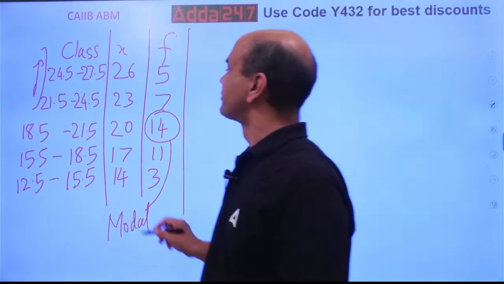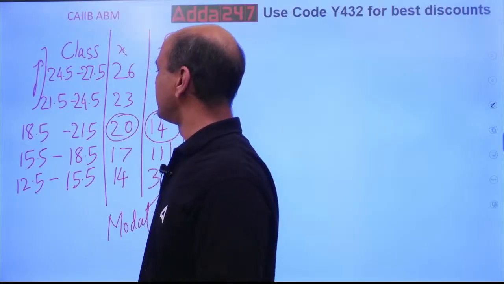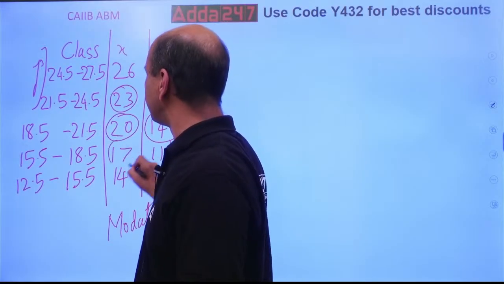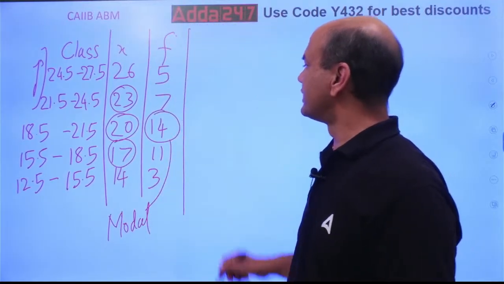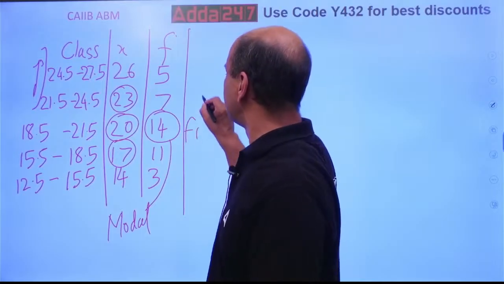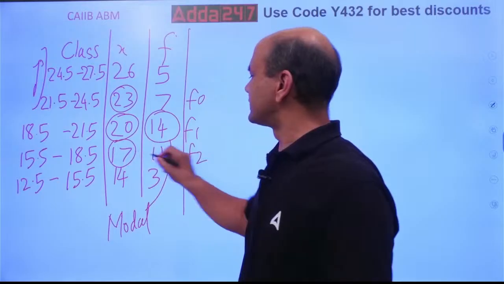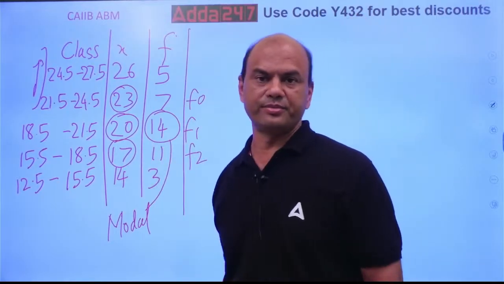The frequency of this is 20, then 23 and 17. F1, F0, F2. Next one is F2, earlier one is F0 and this is F1.